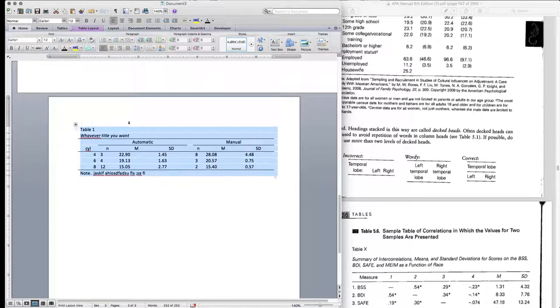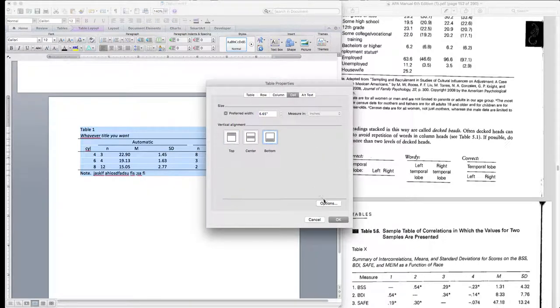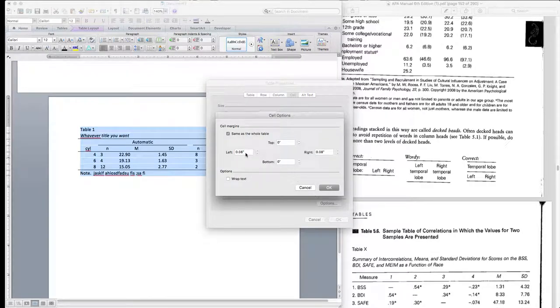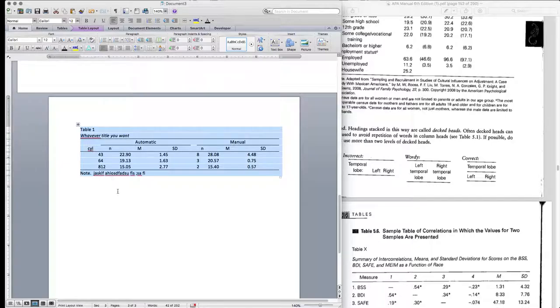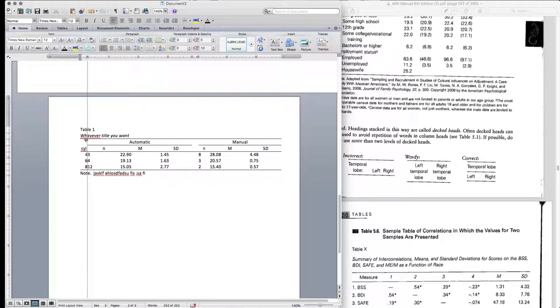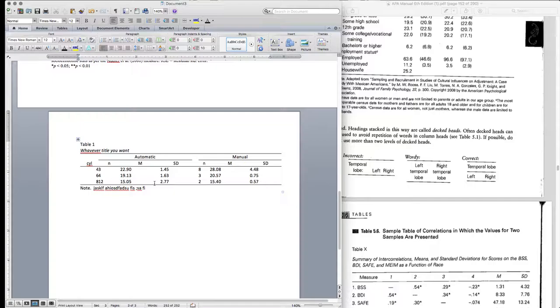What I do to negate that is I select the table, go to my table properties, and in the cell options it has this automatic padding stuff, and I will turn all of this down to 0, and now it will allow me to adjust my column widths without doing crazy auto wrapping stuff.